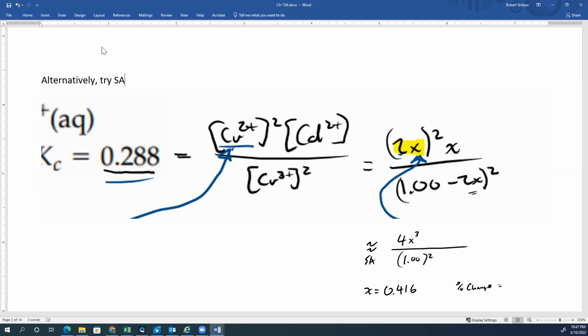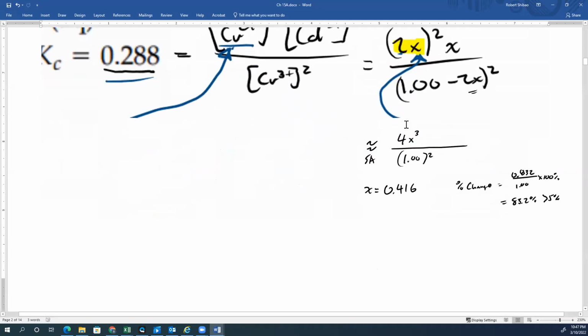So 2x is the change, which is 0.832 over my initial. My initial is 1.00 times 100%, which gives me an 83.2% change. Unfortunately, 83.2% is larger than 5%. 5% was our cutoff, and so the SA fails.